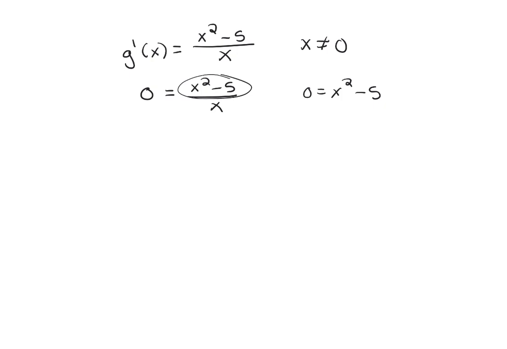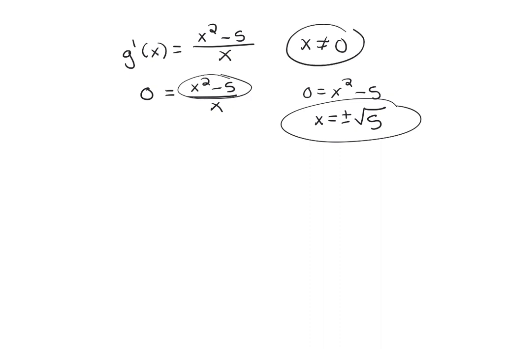So then you would add 5, take the square root. So x equals plus or minus the square root of 5. But we need to consider the fact that x cannot equal 0 when we're making our sign chart.